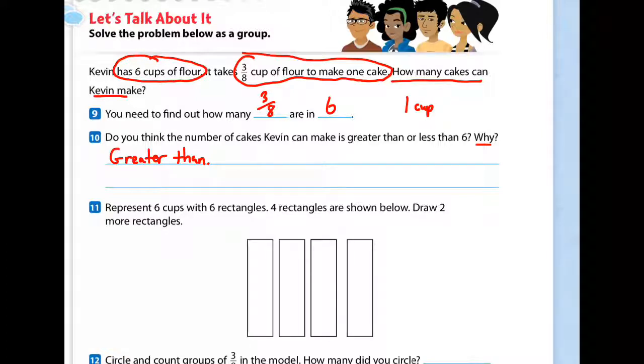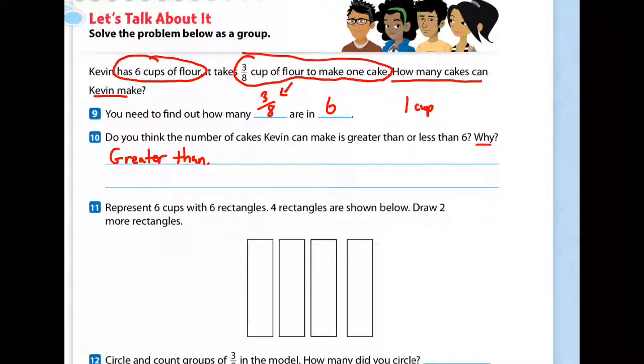You'd be able to get exactly 6 cakes because there's 6 cups, right? But since each cake takes less than a cup, that means you can get more cakes out of it because it takes less. Imagine if you can picture a smaller scoop to get flour. Because it takes less than a cup. You'd get more smaller scoops out of your 6 cups.